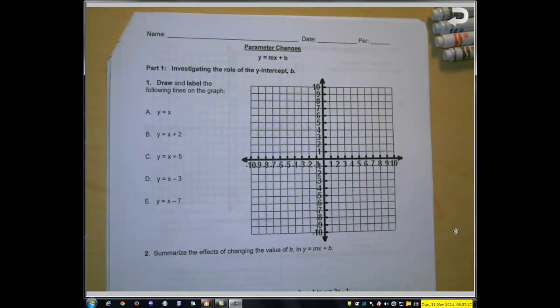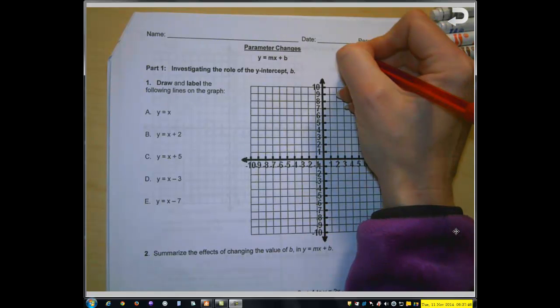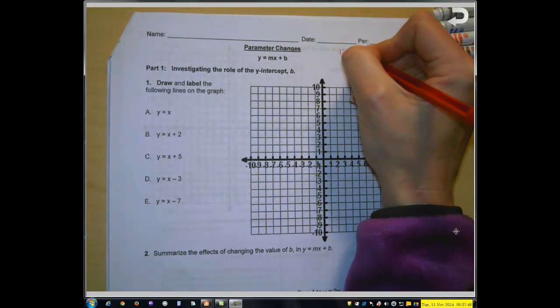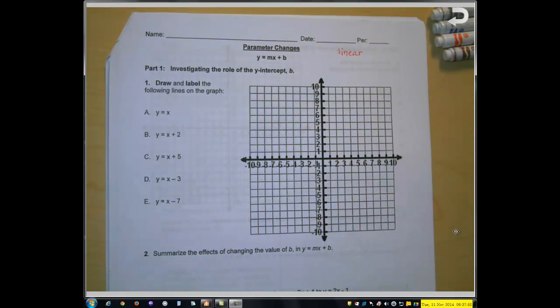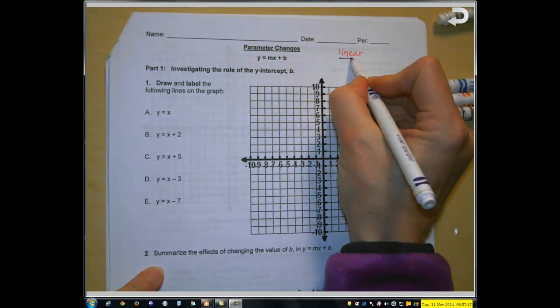Hello everyone. Today we're going to talk about parameter changes to the linear parent function. Now, linear function is a word that you've heard me saying a lot in the past unit, and it requires a little bit more explanation. Let's look at the word linear. If you notice, within the word linear, we have the word line.